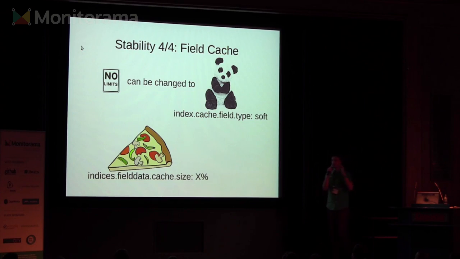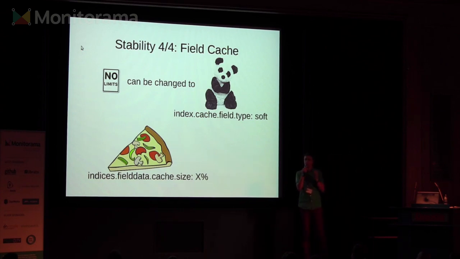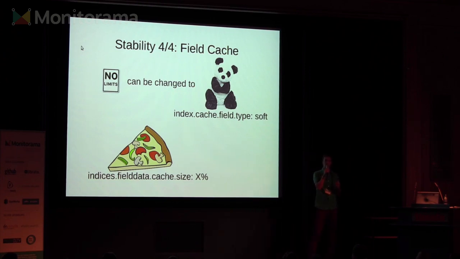If we zoom a bit more into memory, there's a special cache called field cache, which is used mostly when you do sorting and facets, when you do analytics. Because it caches your actual data, the fields that you have, it's expensive to build.